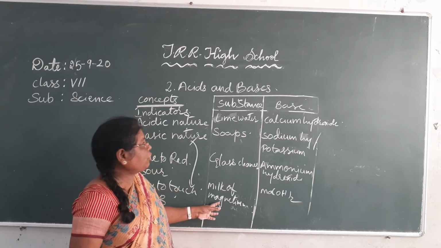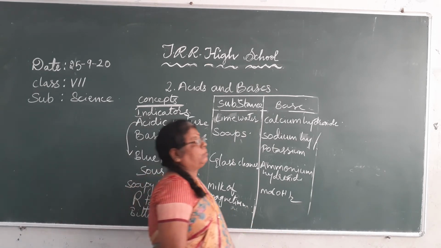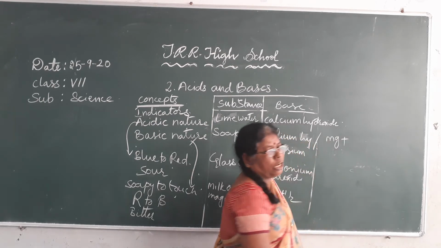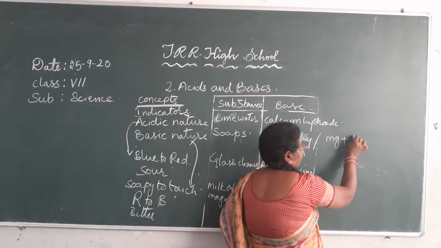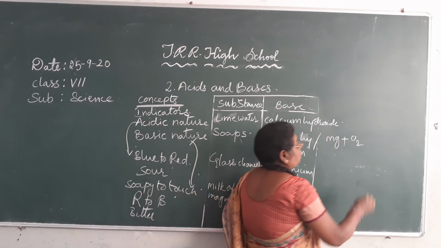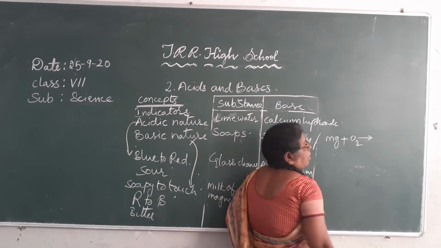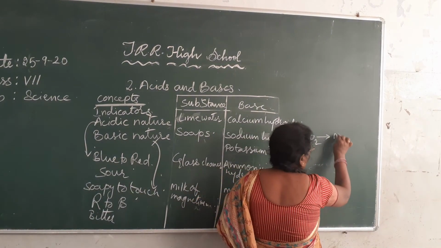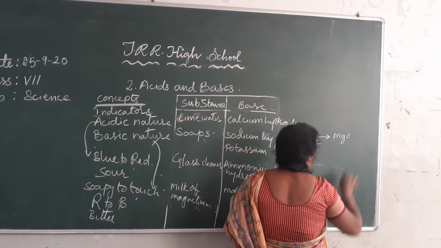Now here, take a ribbon of magnesium. Burn it in air. Oxygen helps in burning the substances, which forms white ash. White ash is nothing but magnesium oxide.